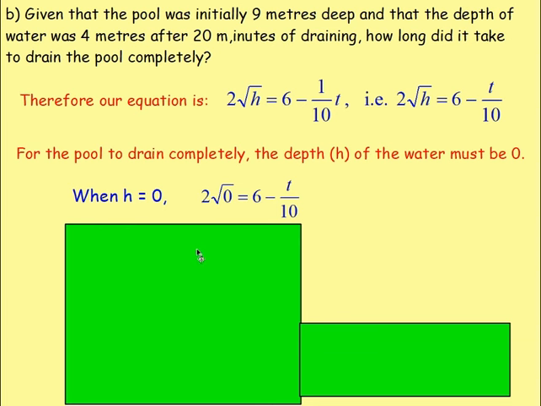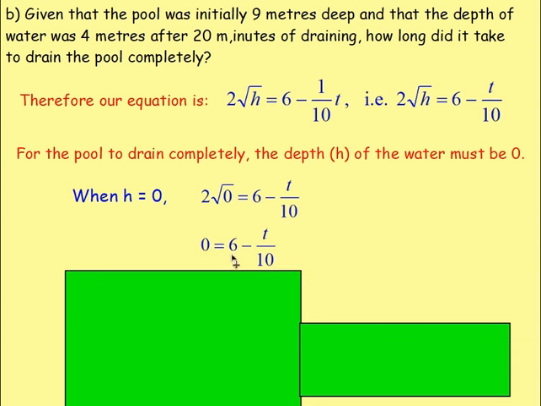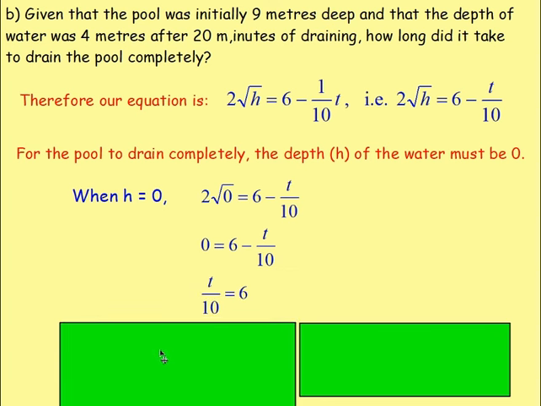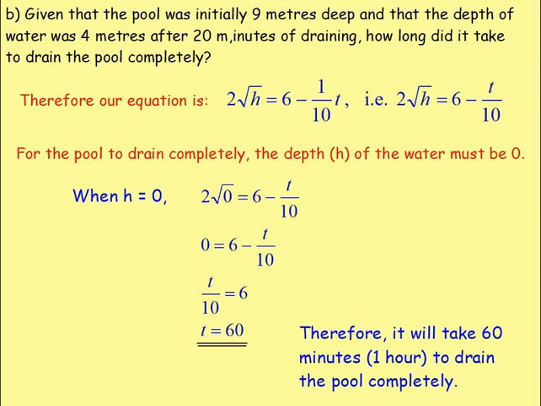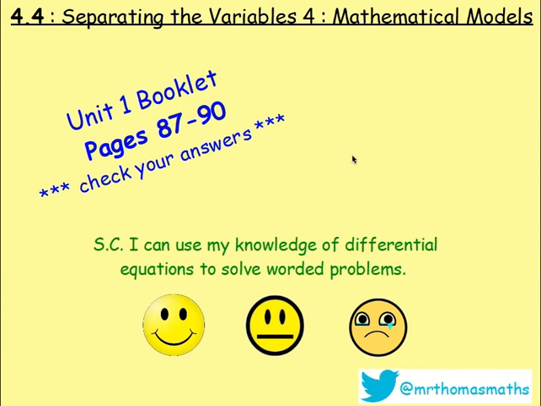Square root of 0 is 0, times that by 2, it's still 0. So 0 would equal 6 minus t over 10. Therefore, t over 10 must be equal to 6. Therefore, t would equal 60. And you can finish that off by saying, therefore, it will take 60 minutes, or 1 hour, to drain the pool completely.